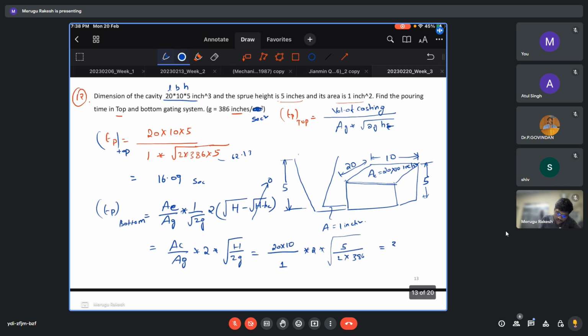So I am getting 32.19 seconds. So can anyone confirm these values?